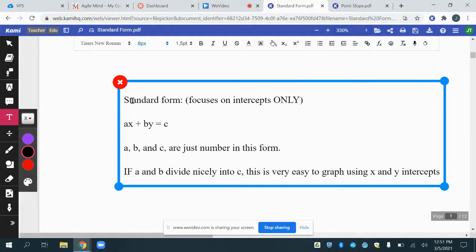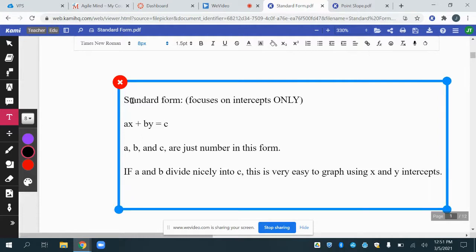Last thing you're going to want to know is, to get an x-intercept, make y equal 0. To get a y-intercept, make x equal 0.